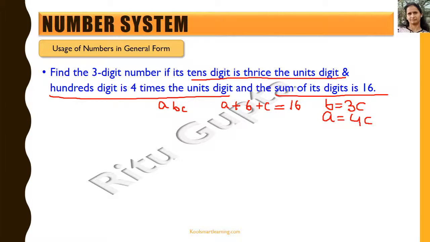So now what we need to find out is A, B and C, knowing these three things. We clearly know that A has to be a single digit, so it cannot go beyond one digit. If A is equal to 4C, it has to be a multiple of 4 and a single digit, so A could be either 4 or 8.